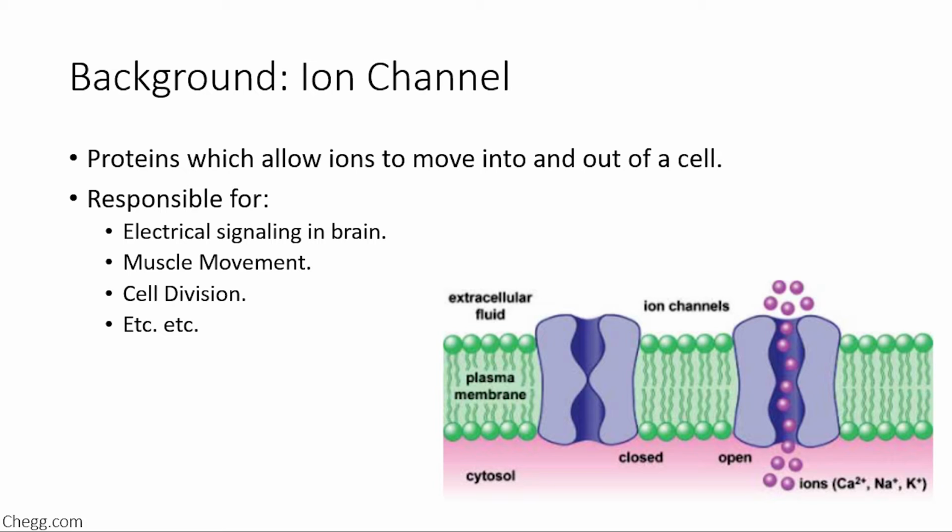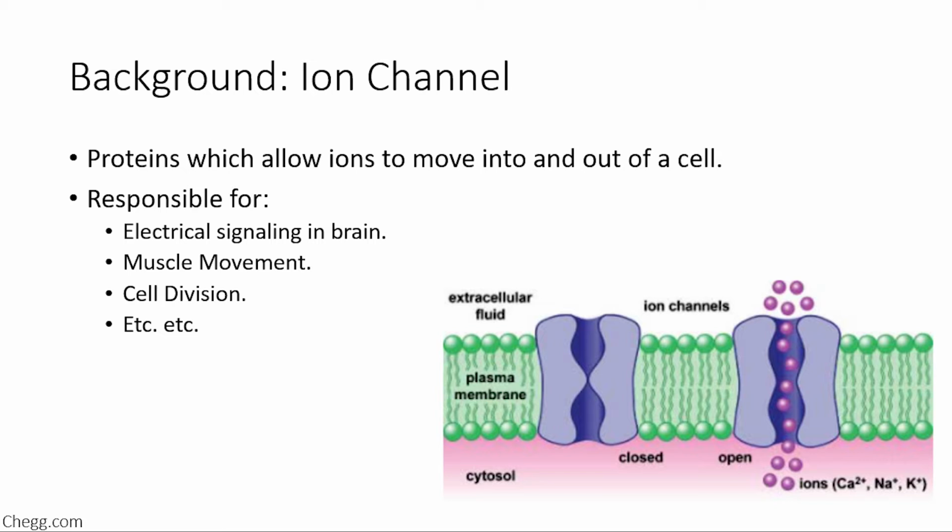And essentially for ion channels, these are molecules that are going to be responsible for conducting electrical charge through a cell membrane. And they are able to do this through allowing the passage of charged atoms known as ions. And this can include calcium, sodium, potassium, and a large number of other ions such as chloride.